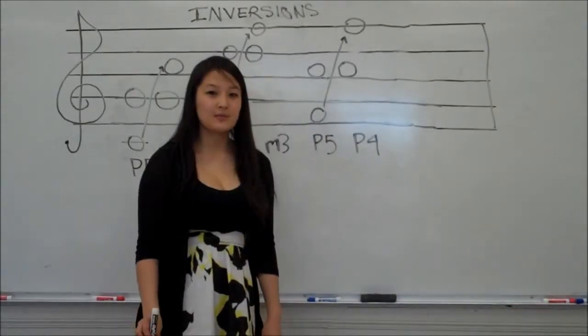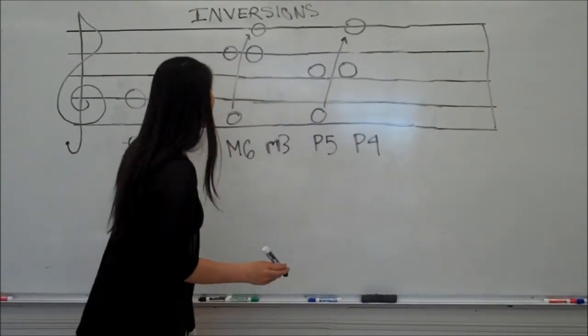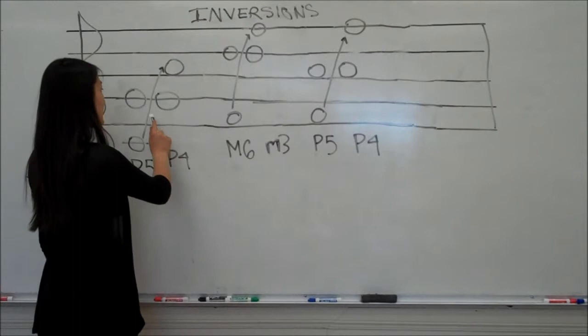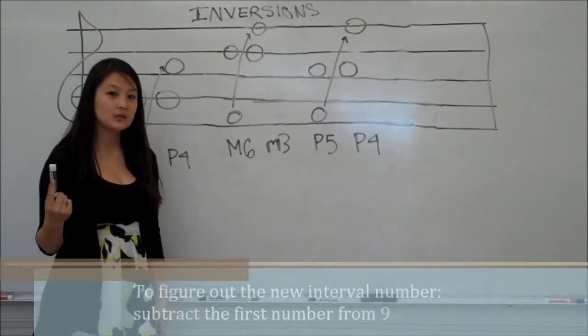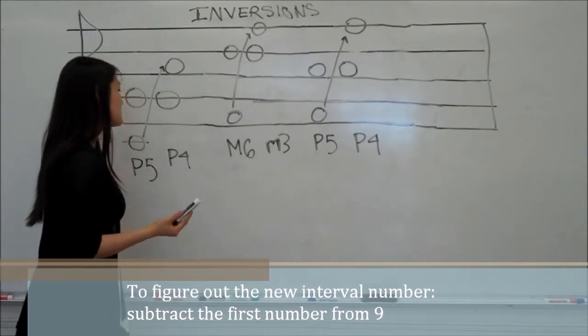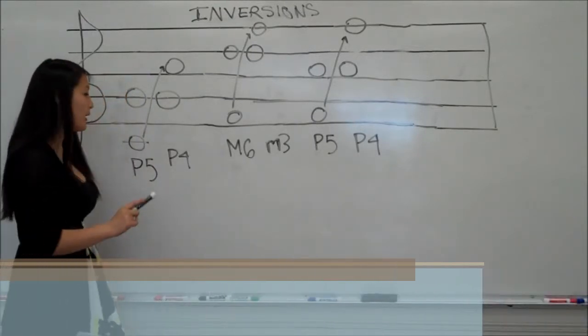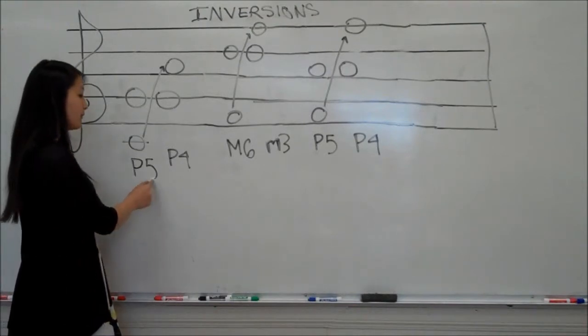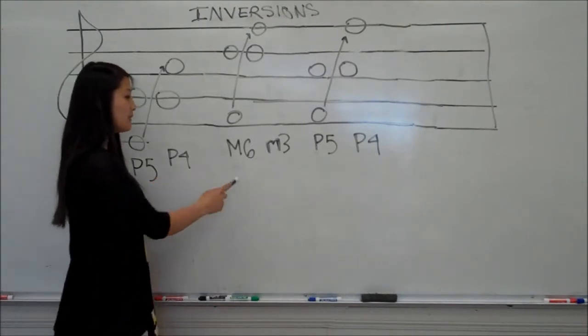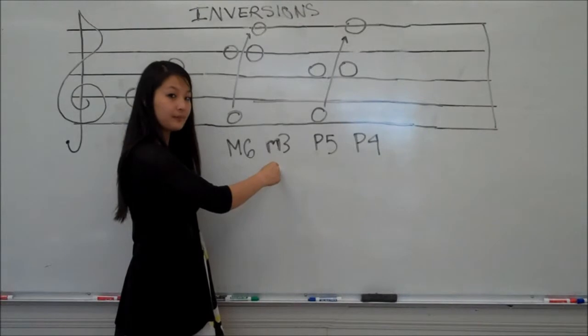Here's a few quick tips about inversions. Instead of counting up all the steps to figure out what the inversion is, you can just do 9 minus whatever the first one was. So, 9 minus 5 is 4, and 9 minus 6 is 3.